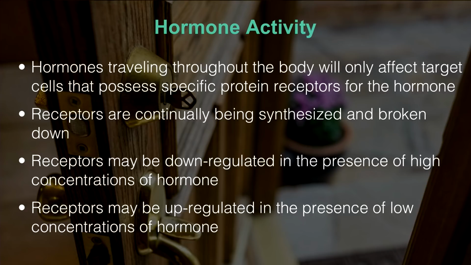And this is long term. This is days to weeks or months. It takes a long time to make new proteins and put them in the membrane. So hormones, always being produced, always being broken down. So there's a balance. Receptors, always being produced, always being broken down.